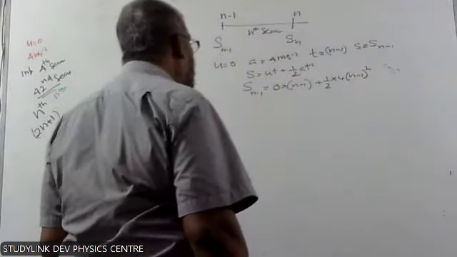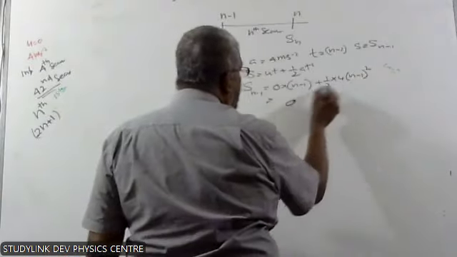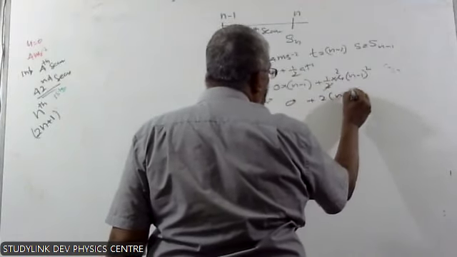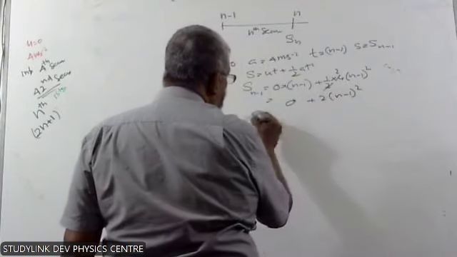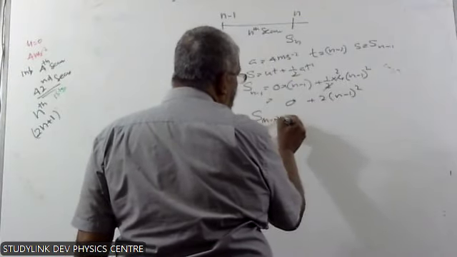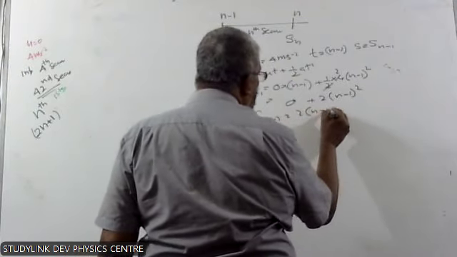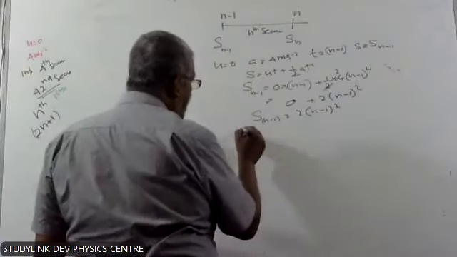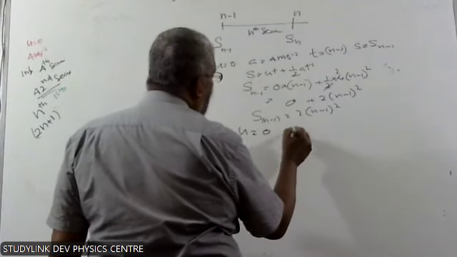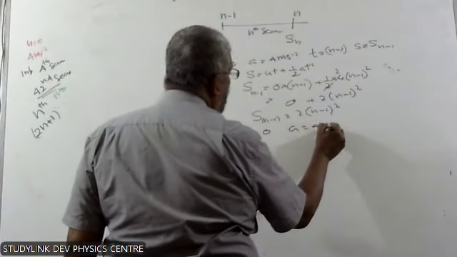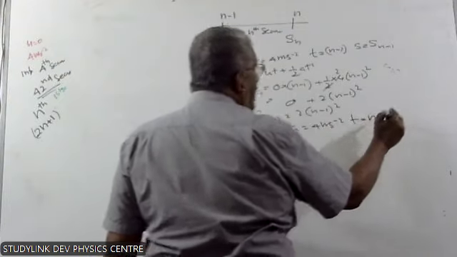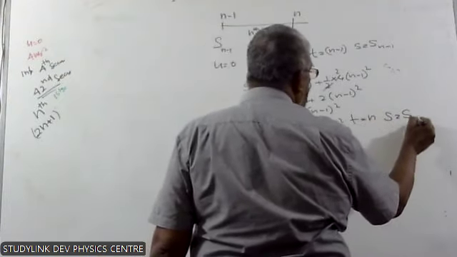t is n minus 1. This is 0. Then this is 2. Then the answer is 2 times (n minus 1) whole thing squared. S(n-1) is equal to 2 times (n minus 1) squared. Then you have to find the next one. u is equal to 0, a is equal to 4 m/s², t is equal to n, and s is equal to Sn.